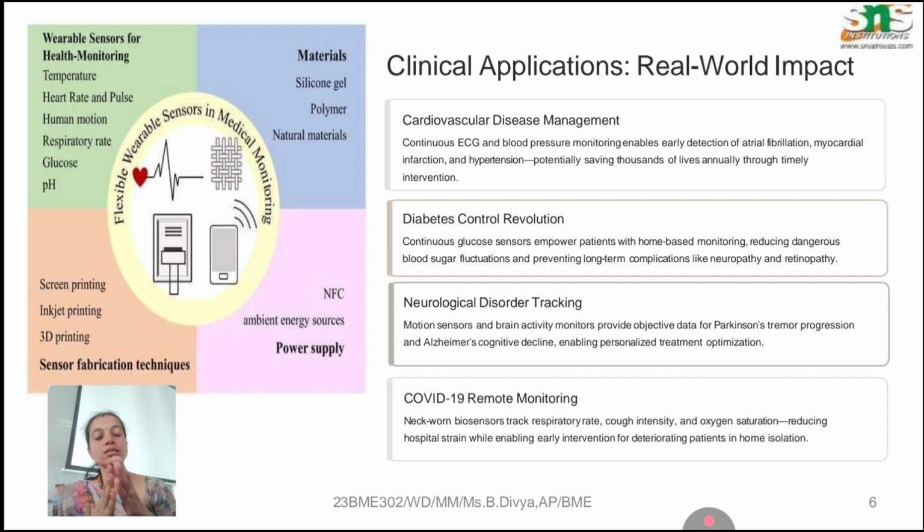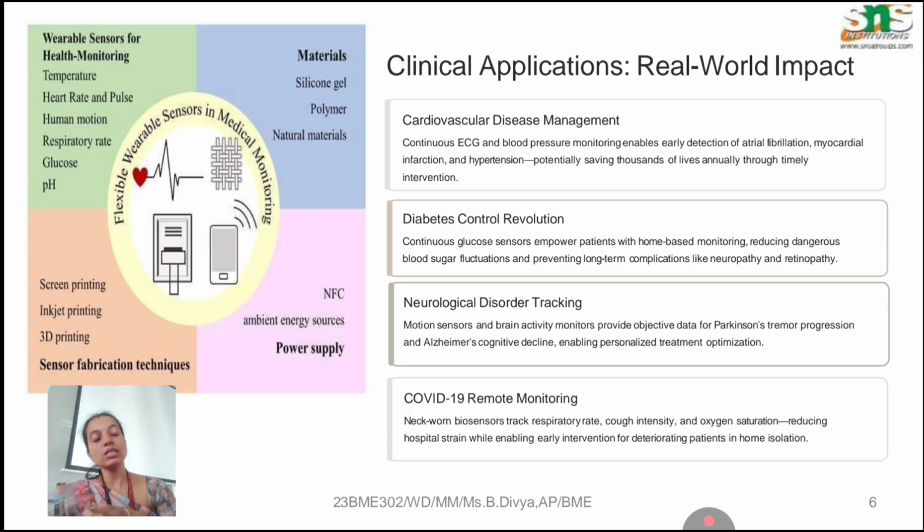What type of material is the wearable device made of? The materials used are silicone gel, polymers and natural materials.